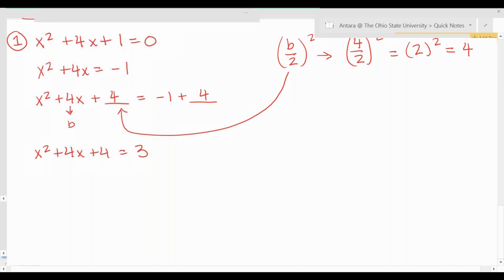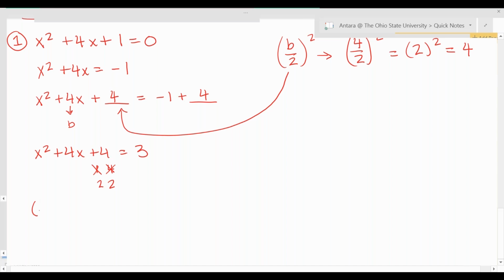On the left side, I can actually factor the expression x squared plus 4x plus 4. The factors of 4 can be 1 and 4 or 2 and 2. 1 and 4 is not going to work to get the middle 4x, but I can use the factors of 2 and 2.